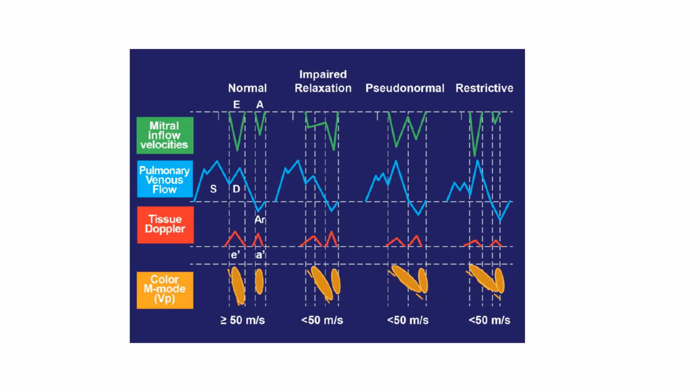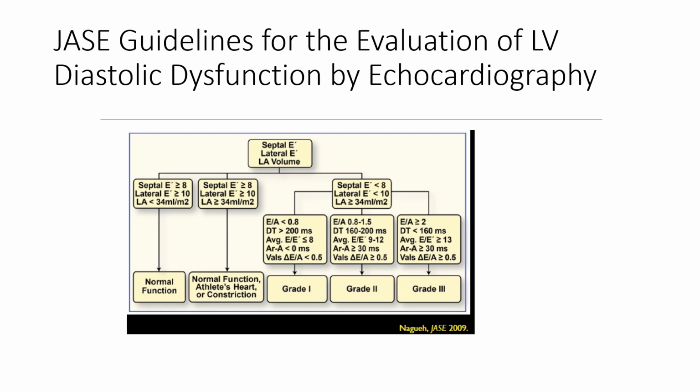This is a summary of the 4 different indices that we talked about and what they would look like in a normal patient and somebody with grade 1, 2, and 3 diastolic dysfunction, also known as impaired relaxation, pseudonormal, and restrictive diastolic dysfunction. These are the ASE guidelines for how to evaluate LV diastolic dysfunction by echocardiography.